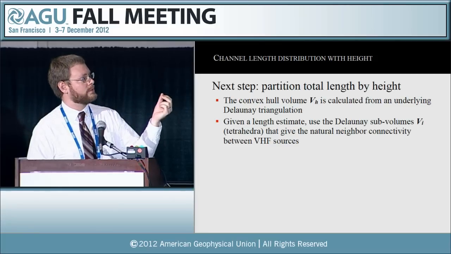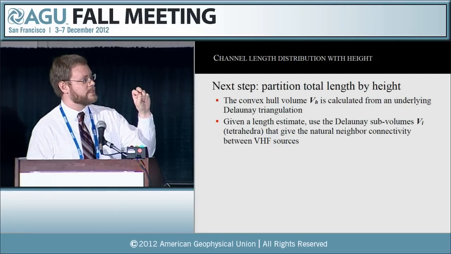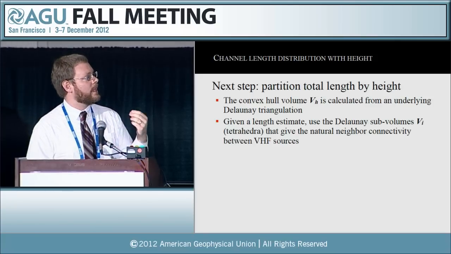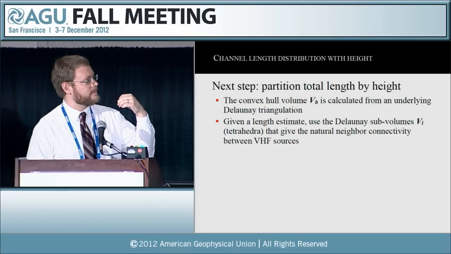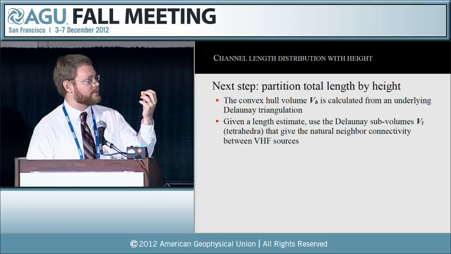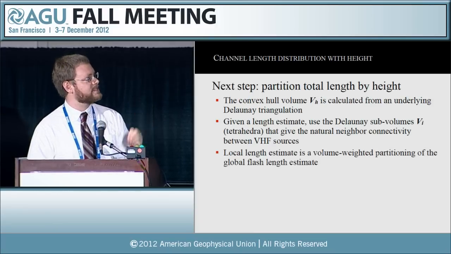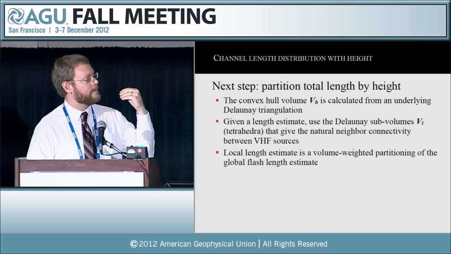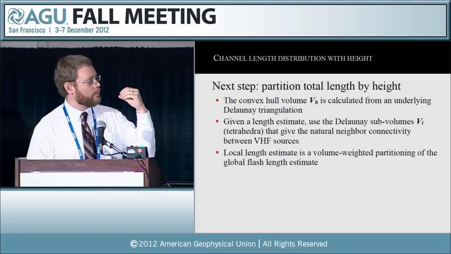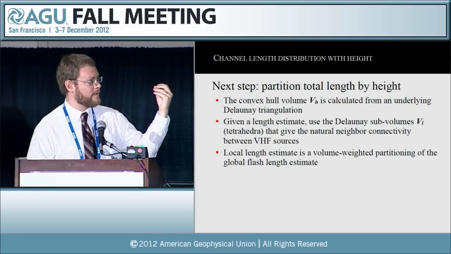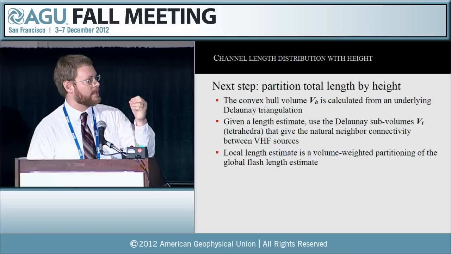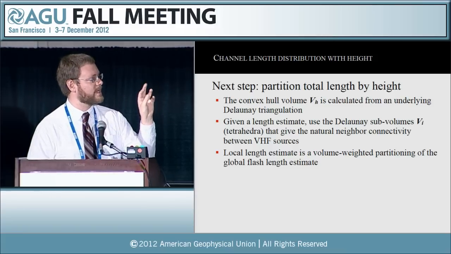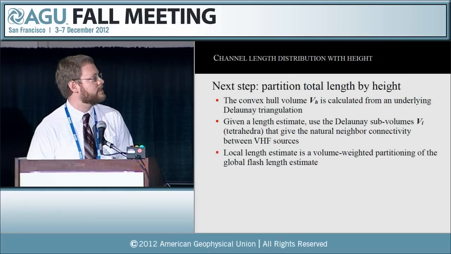Given a length estimate, we'll use the subvolumes that are tetrahedra produced by that triangulation to take into account the geometric character of the flash, and also use that as our minimum box size. And we'll weight the total length estimated from the fractal method by using the fractional volume of these little subvolumes formed by little tetrahedra of source points.